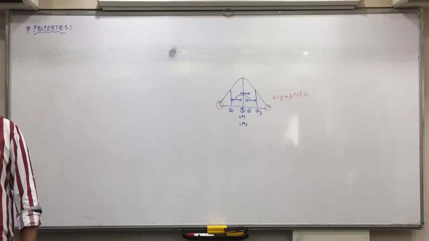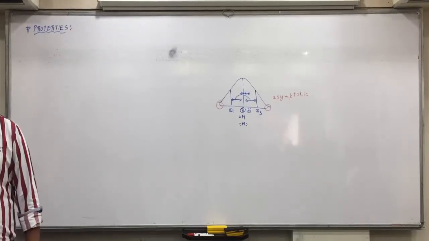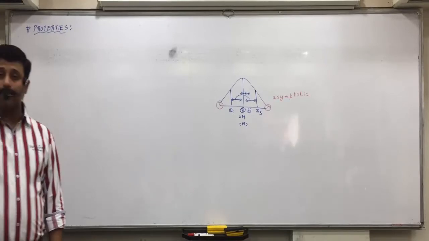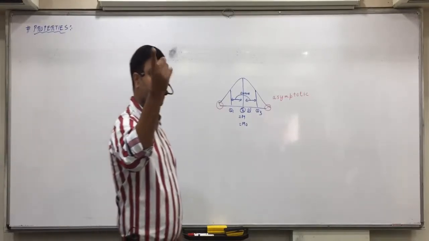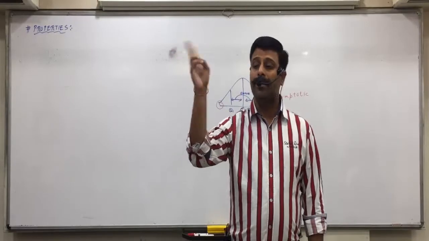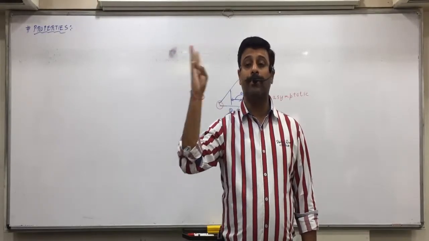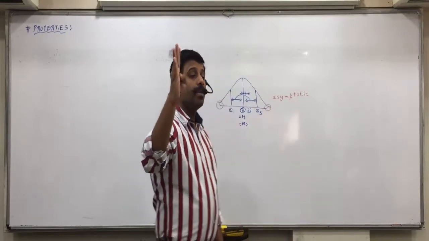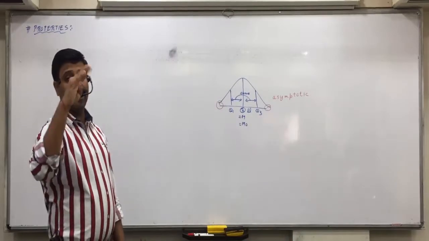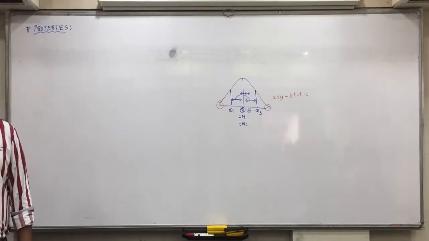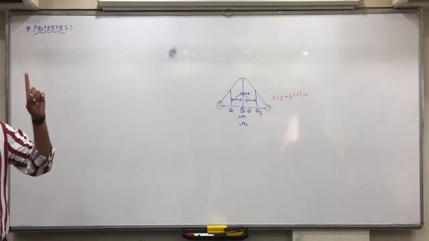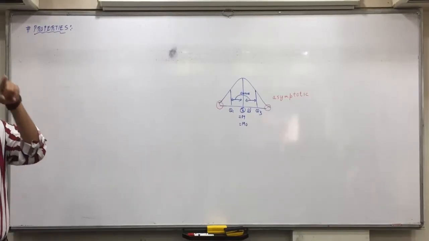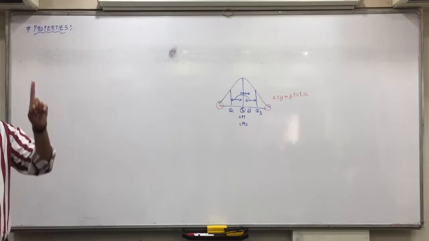So out of 11, 7 you already remember. Which 7? Mean is equal to median is equal to mode. Bell-shaped. Q3 minus M equals M minus Q1. Area 0.5 each and total 1. Skewness is 0. Symmetrical on either side of mean.